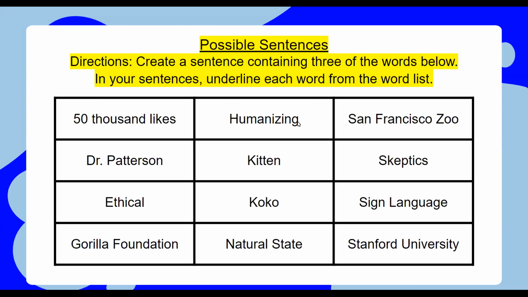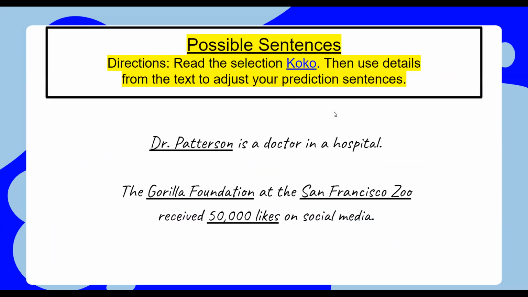I have a little sand timer that I'm using in an effort to slow myself down and give everybody enough time to complete the activity. On the board, I have a couple of examples of sentences that students produced for me. On our first example, Dr. Patterson is a doctor in a hospital. This is coming from a student who was newer to class, on the lower end of intermediate reading.